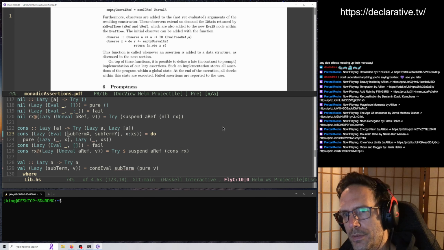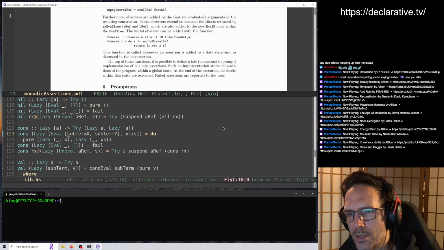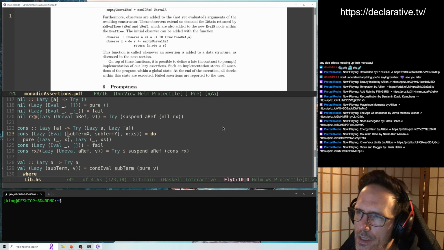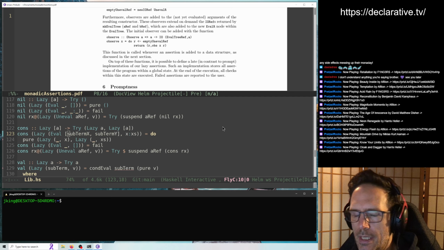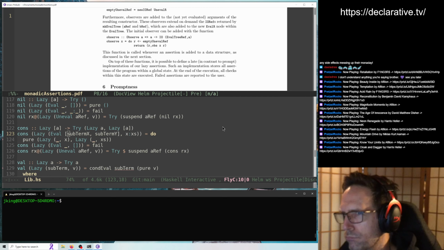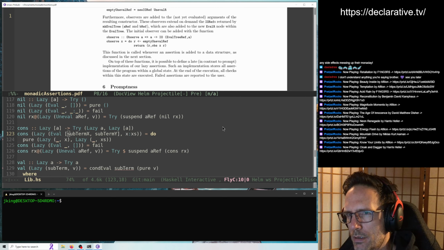On top of these functions, it is possible to define a lazy implementation in contrast to the prompt implementation. Okay. So is this in addition to... And we still need to have the pure versions of these. And somehow we're going to connect these things up in some way through observations.